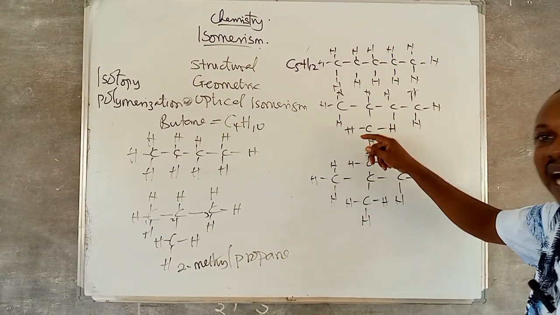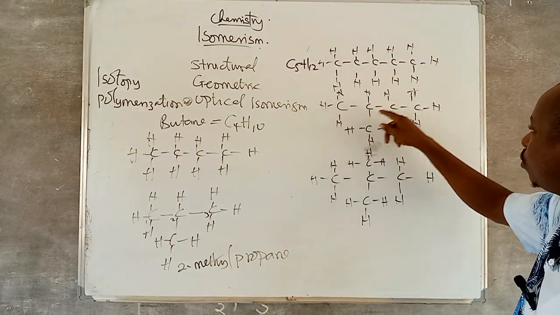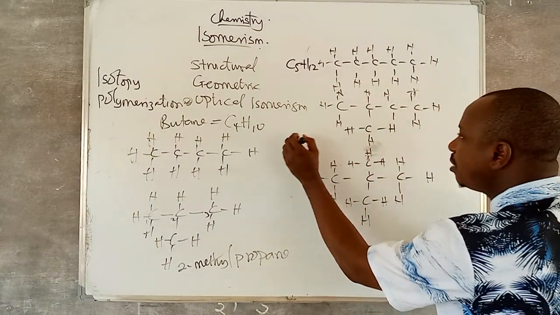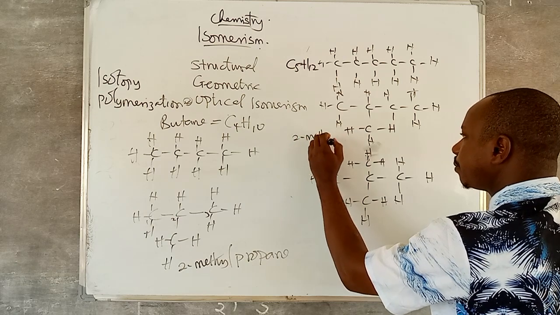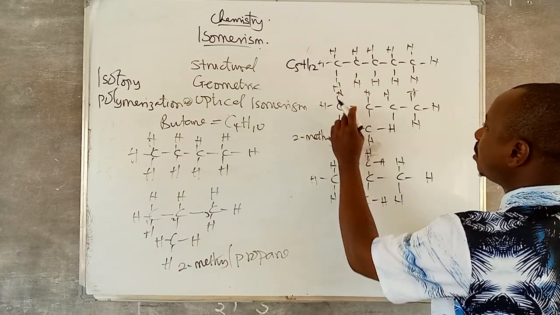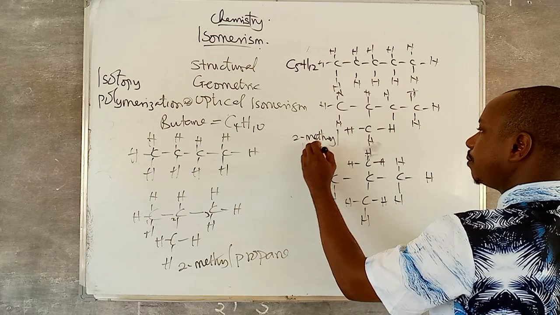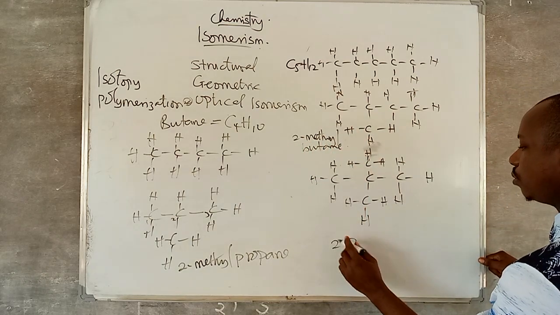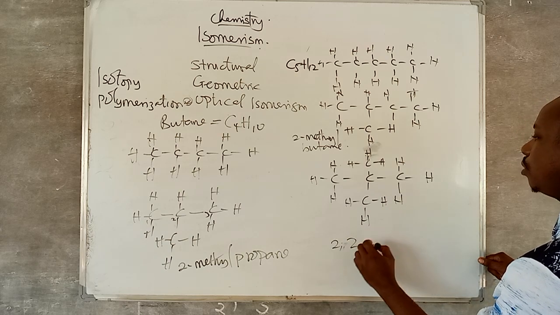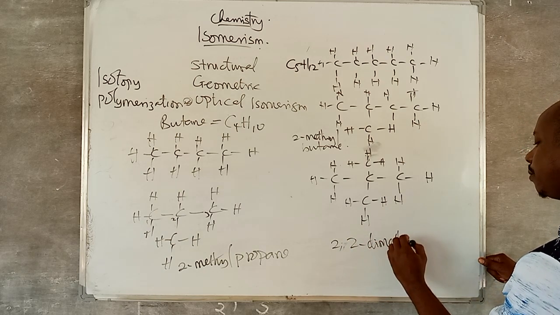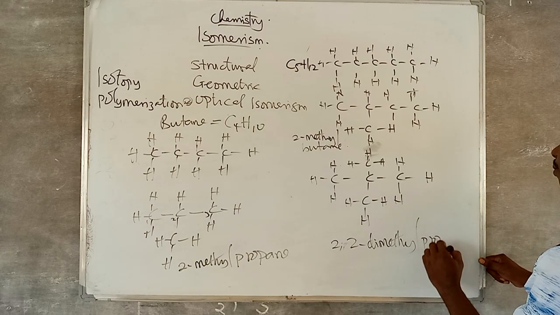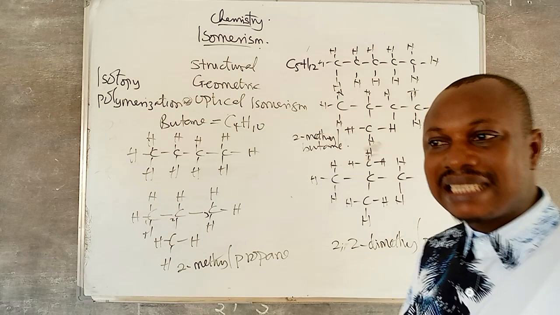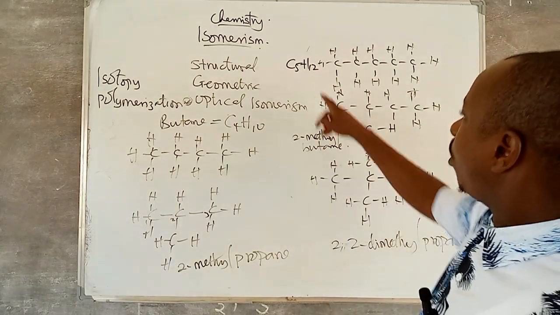Now see one of the isomers of pentane, 1, 2, 3, 4, 5. If you count the hydrogen, it will still be complete. This is simply 2-methyl butane. And this one is simply 2,2-dimethyl propane.